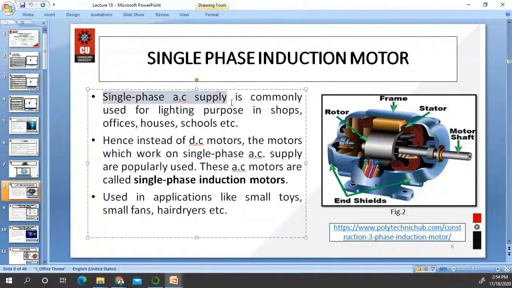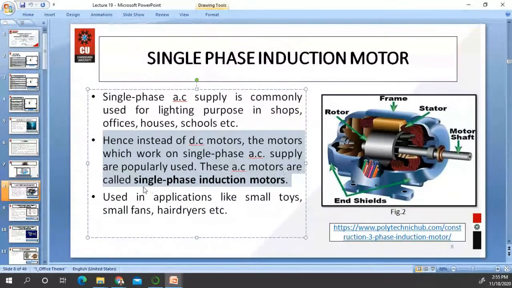So single phase AC supply is commonly used for lighting purpose in shops, offices, homes, schools, etc. We can use this single phase supply in your homes or your schools, or any office building also. So hence, instead of DC motors, the motors which work on single phase AC supplies are popularly used.